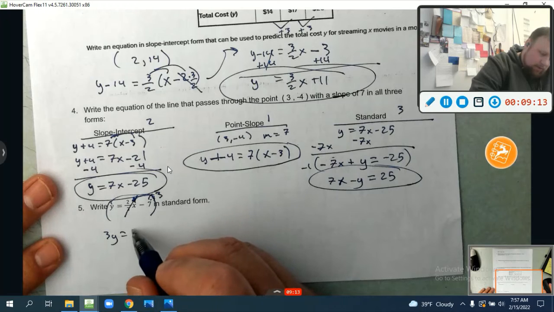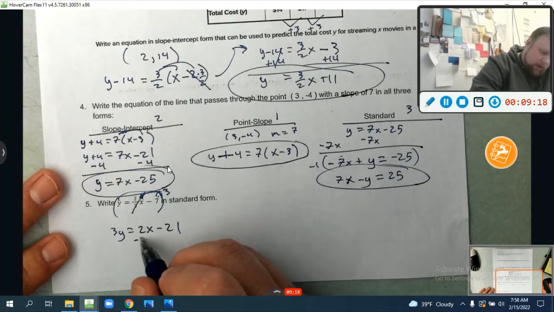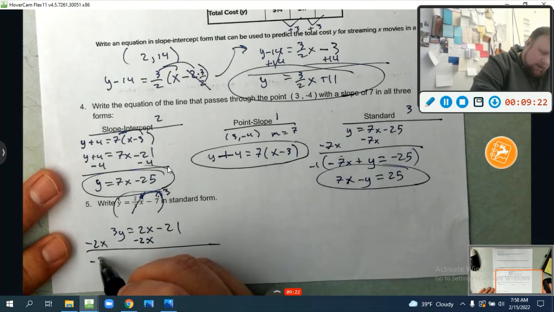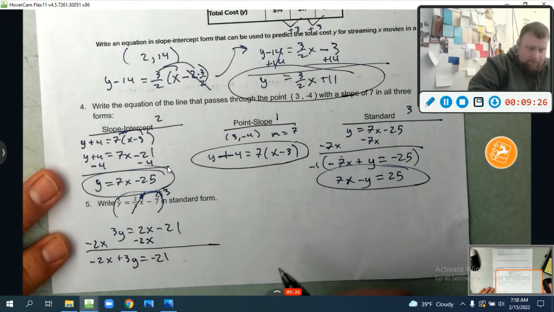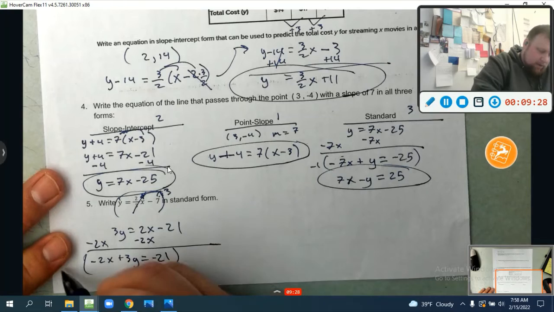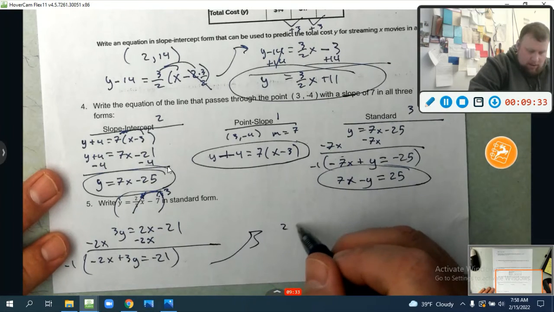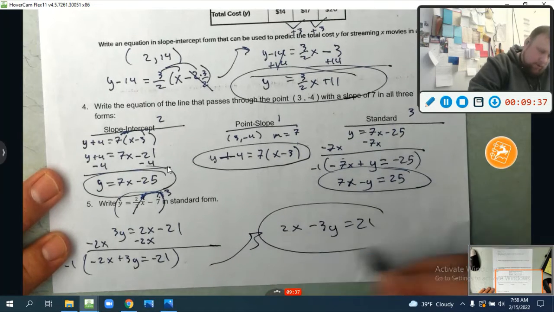I'm left with 2x minus 21. Again, subtract 2x from both sides. I get -2x plus 3y equals -21. Multiply everything by -1, and we get that 2x minus 3y equals 21. Boom, right there. We're good.